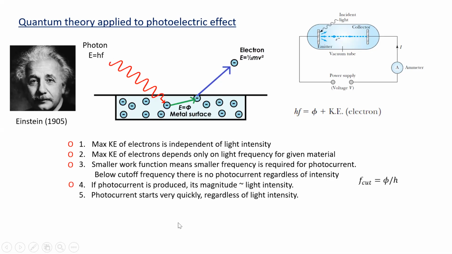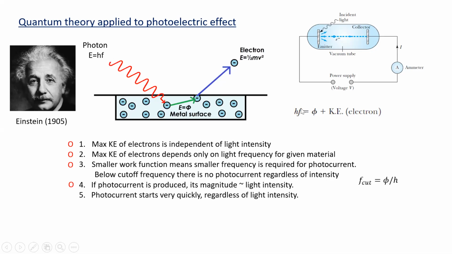And then finally, the fact that was observed that the photocurrent starts very quickly, regardless of the light intensity, is consistent with the quantum theory, because again, this one-on-one interaction between photons and electrons. If a photon comes in, it's already got this packet of energy.